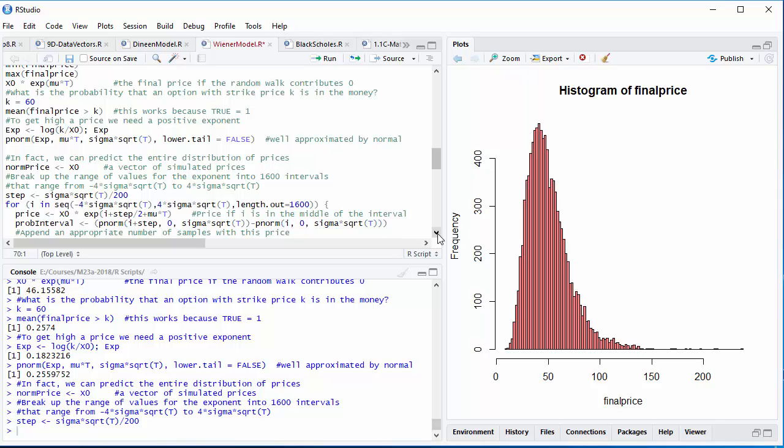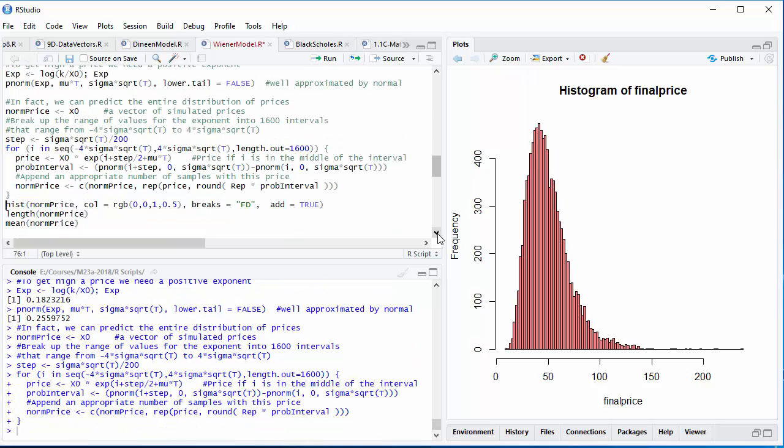And for each of these intervals, I will append to my growing vector of prices a repetition of the current price by the rounded value of the expected number of prices that will fall in that interval.